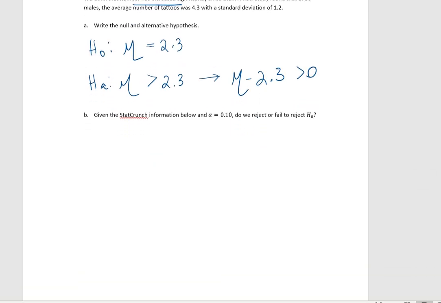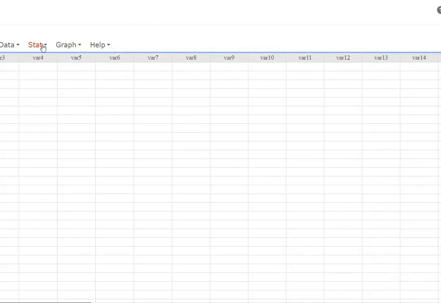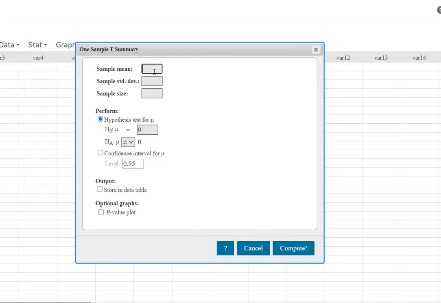So we want to put this into StatCrunch, and we're going to let our significance level equal 0.1 and decide if we reject or fail to reject H0. Remember, when you do this, you're going to go Stat, T Statistics, One Sample with Summary, and our sample mean was 4.3 with a standard deviation of 1.2.